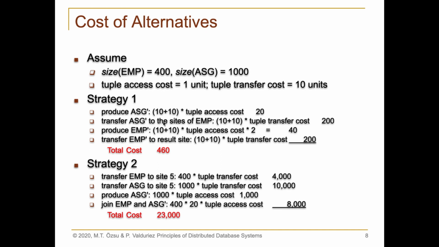So accordingly, here to produce assignment prime, which is a summation of assignment 1 prime and assignment 2 prime, we simply add the number of tuples that our query accesses from site 1 with the number of tuples that our query accesses from site 2, and we multiply both of these with tuple access cost. Accordingly, the cost of producing assignment prime is 20.